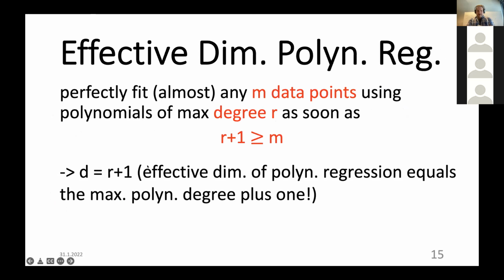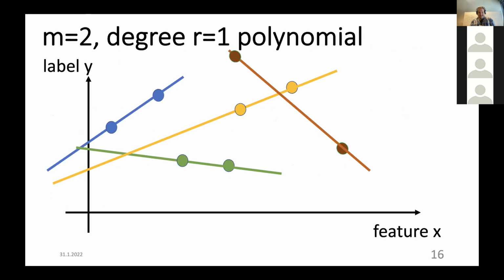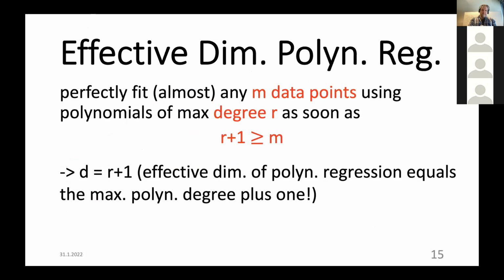So let me illustrate this. When you have a data set consisting of 2 data points, then you can always perfectly fit them using a degree 1 polynomial. One intuitive definition for this effective dimension is the number of data points such that any set with this number of data points can be perfectly fit by some hypothesis in this hypothesis space.